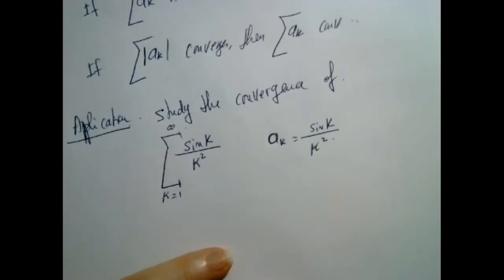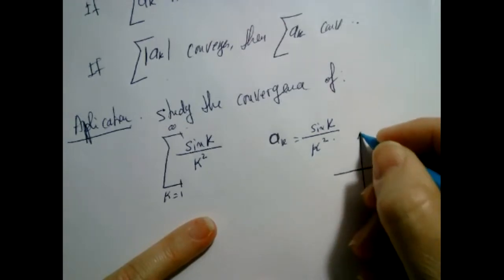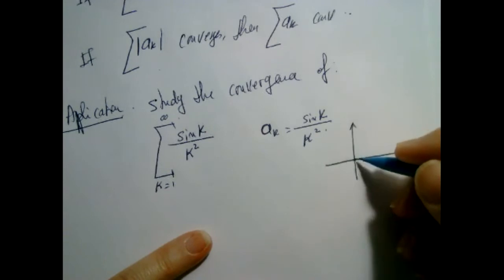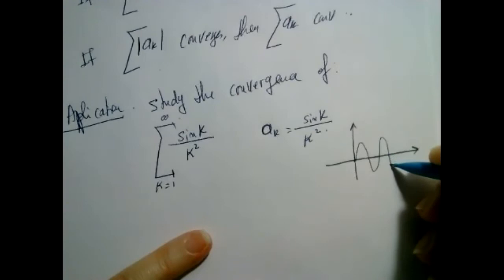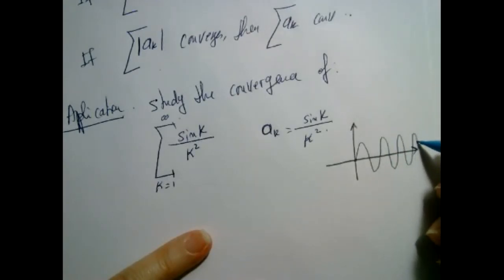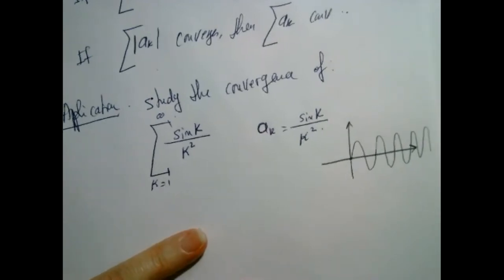I agree. What about the sign of it? How is the sine graph? Oh, it's oscillating, going positive and negative. Right. Why is the sine of k positive? Why is the sine of 100 positive?